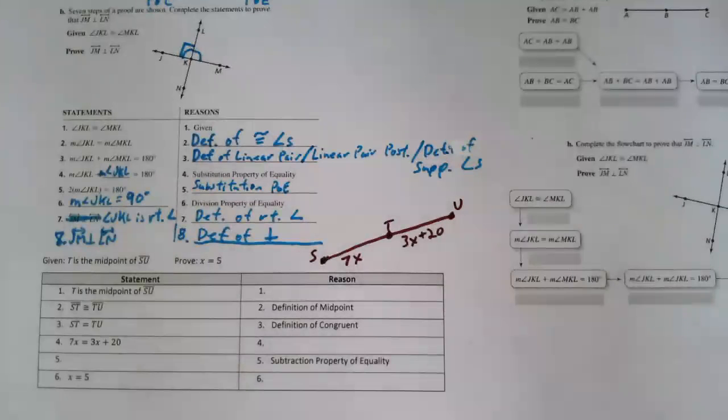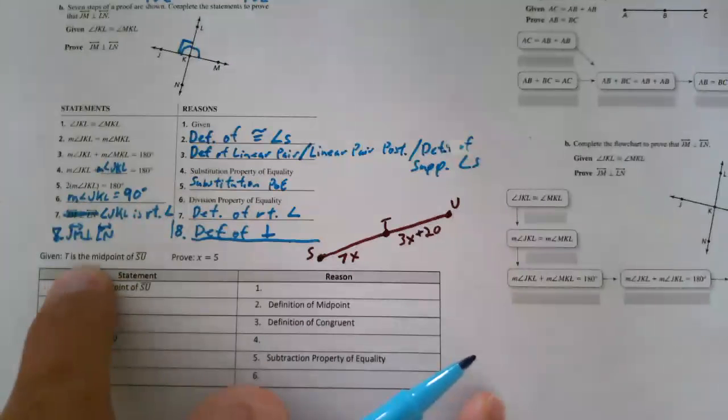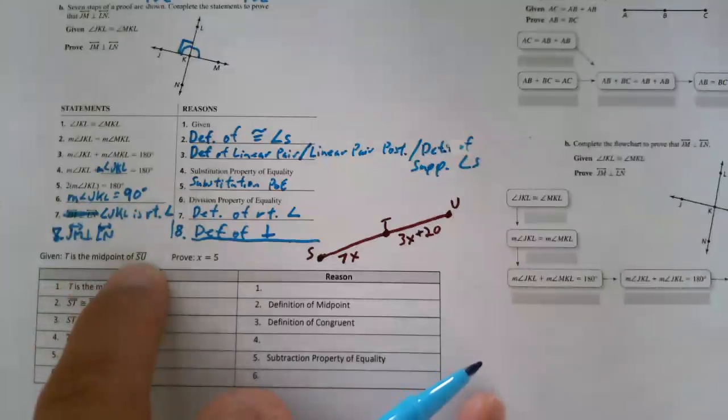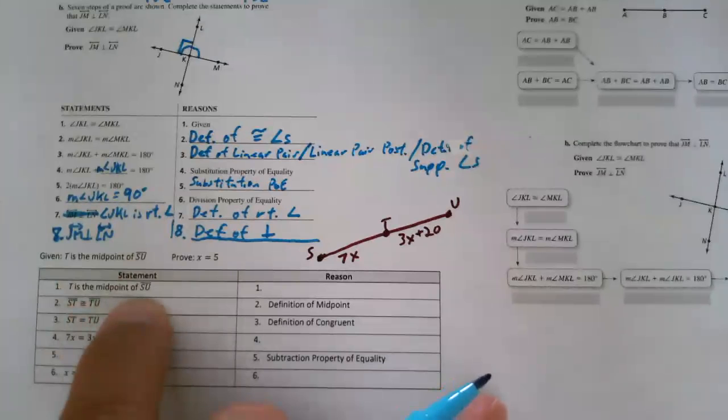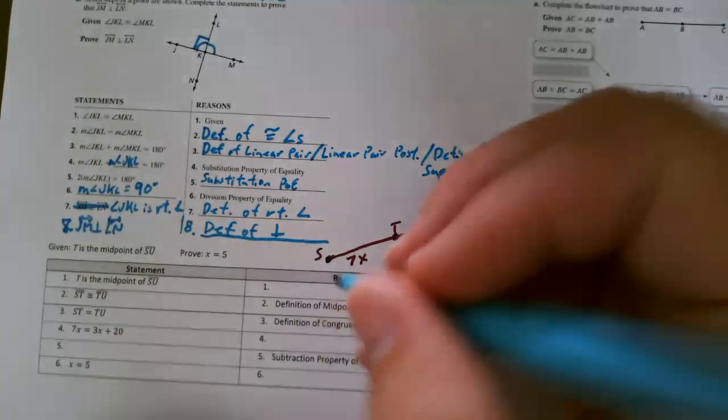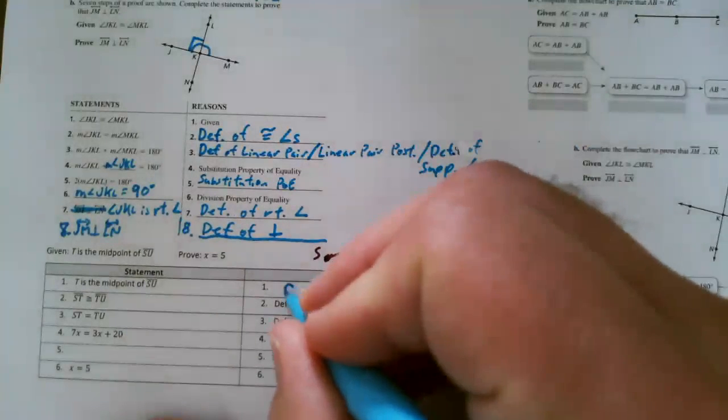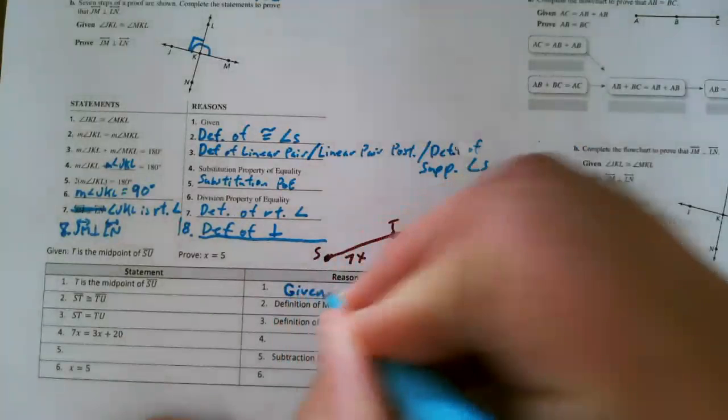Well, running through what we're starting with first, we always start with what? The given. So on here, we were given the statement: T is the midpoint of segment SU. So the first line, T is the midpoint of segment SU. Reason: given.